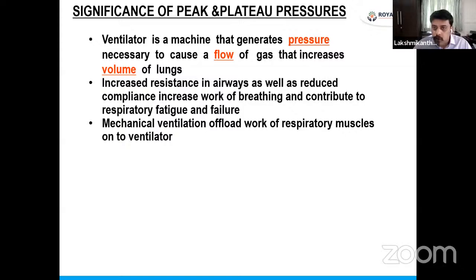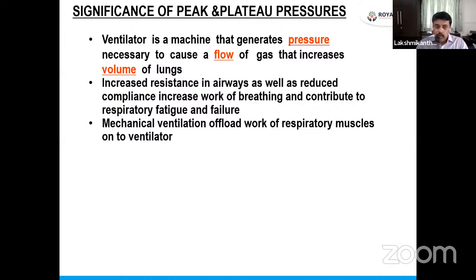So resistance and compliance together are very important for the respiratory system to act normally and for ventilation to happen properly. Whenever there is an increase in resistance or a decrease in compliance, there is an increase in the work of breathing. Even in a spontaneously breathing patient, whenever there is an increase in resistance because of a wheeze or a bronchospasm, or a decrease in compliance, there is definitely going to be an increased work of breathing, and that is the reason why the patient comes to the hospital or the ICU when they become dyspneic, tachypneic, and are not able to maintain the necessary work to maintain oxygenation of the body.